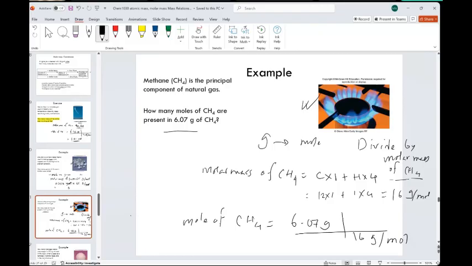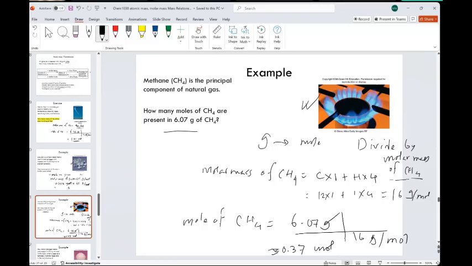The gram cancel out, and using calculator you get some value, maybe 0.3 something 7 approximately, but use the calculator for accurate answer.